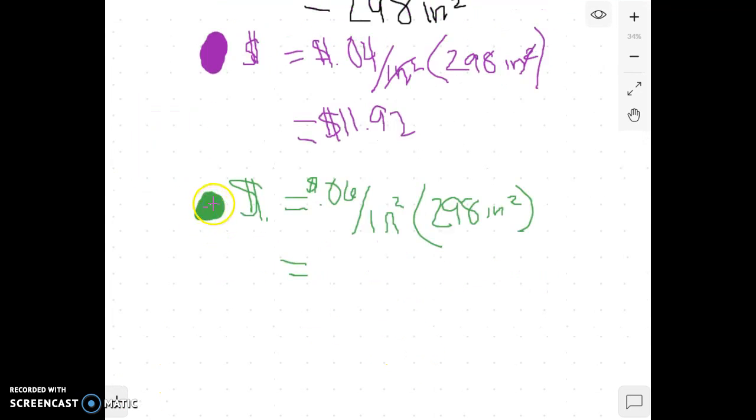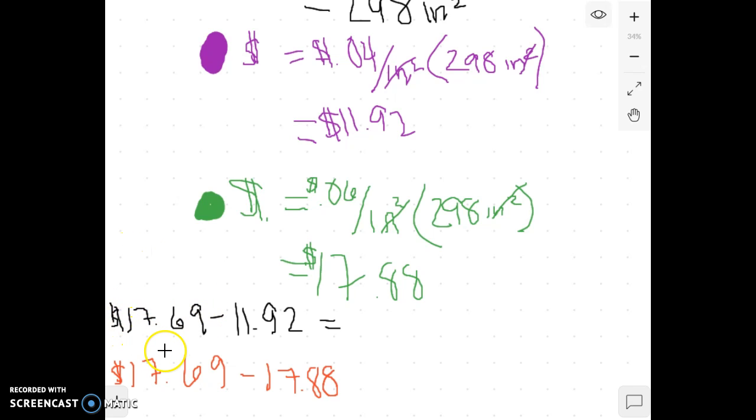So we denoted the cost of our checkered paper with the green color. So the cost of the checkered paper is $0.06 times 298 inches squared. So the inches squared is going to cancel. 298 times 0.06 is $17.88.